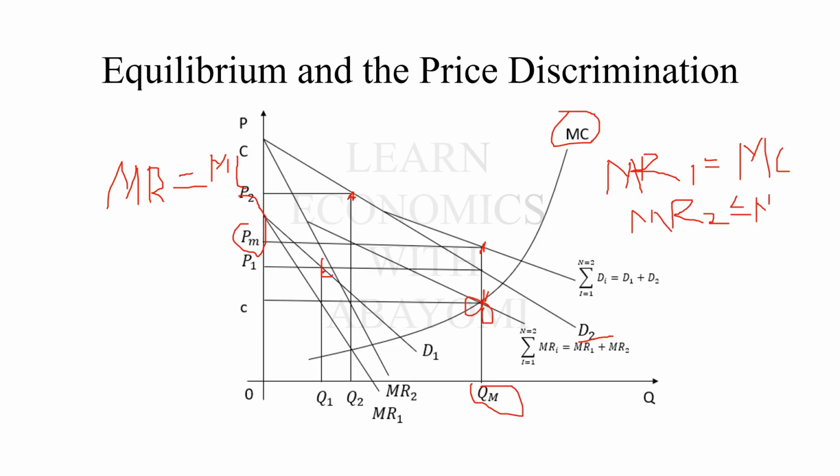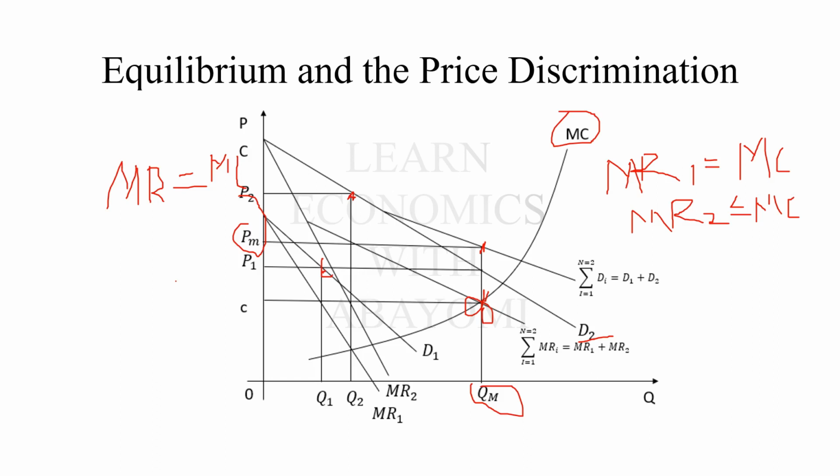Unlike the multi-plant monopoly, where we can have several marginal costs, for price discrimination they always have a common marginal cost.